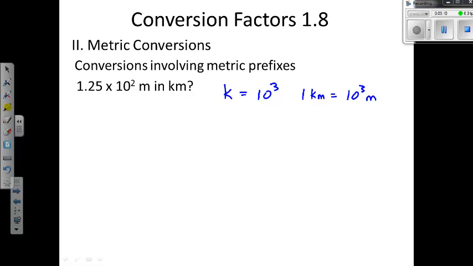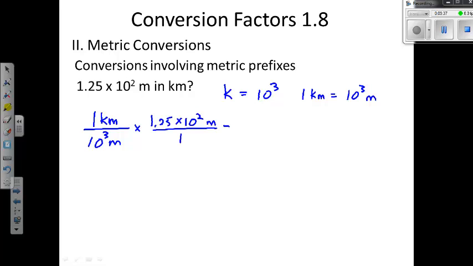So that's my equality. And I want my answer in kilometers, so I'm going to start out with kilometers on top and 10 to the third meters. And then I'm going to multiply this times 1.25 times 10 to the second meters. And in that way the meters are going to cancel out.